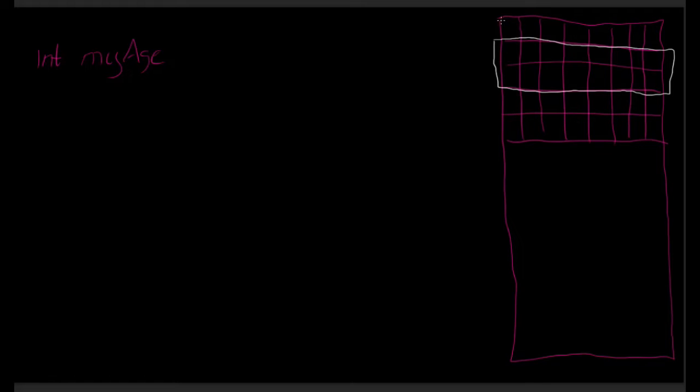It could be an old chunk of memory that was the second half of something else. But when I say int myAge and then my semicolon, it simply says, okay, I need to reserve a chunk of memory, and this chunk is going to have the label myAge.